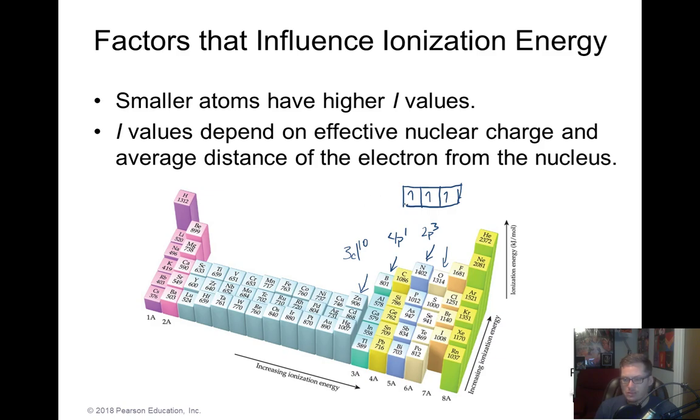You'd have the 3 boxes like that. Now, if you wanted to remove one of these, we already know from the exception that chromium has in its electron configuration that a half-filled orbital is actually pretty stable. Comparatively, this is a happy place to be. Now, is it perfect? No, it's not quite like a noble gas, but it's pretty happy. So if you want to remove this, you're going to have to provide a little bit more energy.